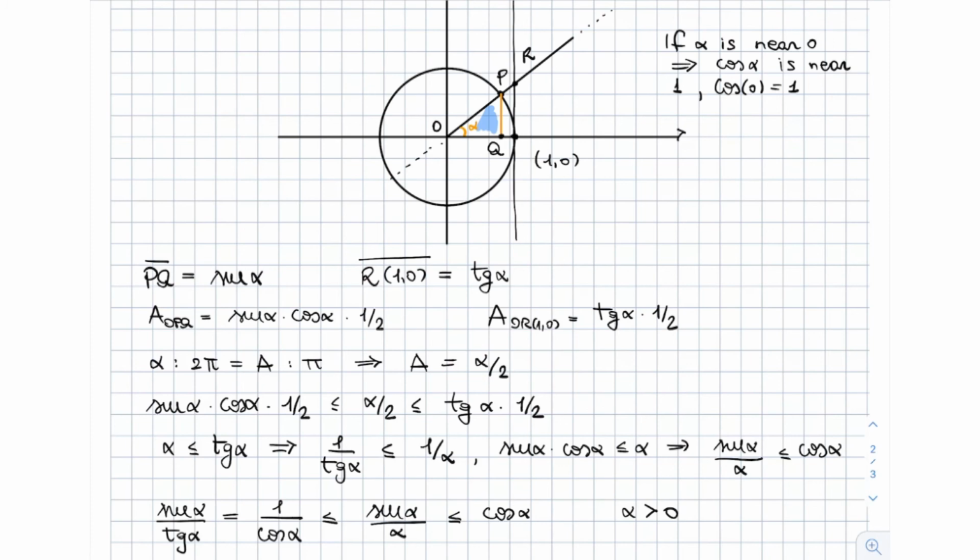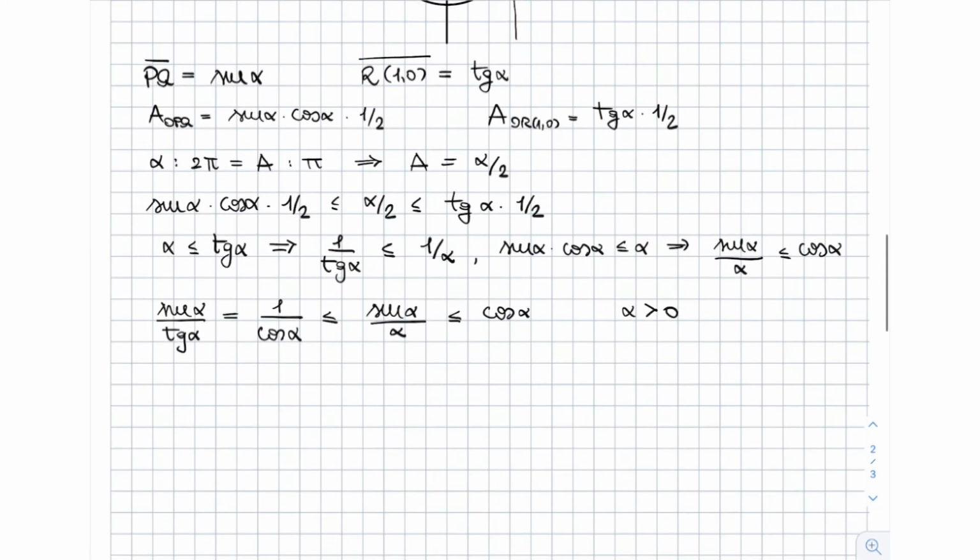Therefore, if we use this in the inequality we've got here, then the quantity on the left is near 1 when alpha is near 0, and the same is true for the quantity on the right.